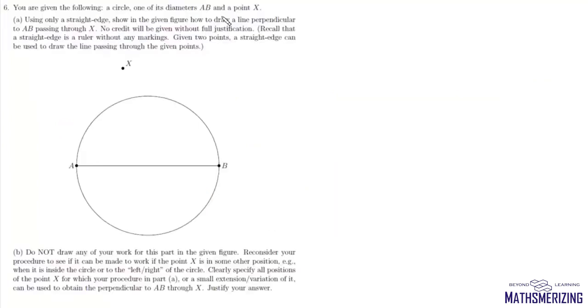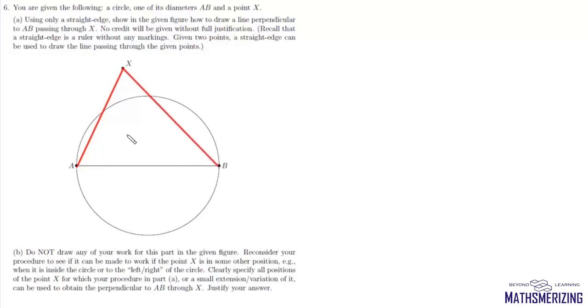Now in question number 6, we are given a circle, one of its diameters AB, and a point X. The first part is, using only a straight edge, we have to show how to draw a line perpendicular to AB and passing through X. Now we complete this triangle AXB.